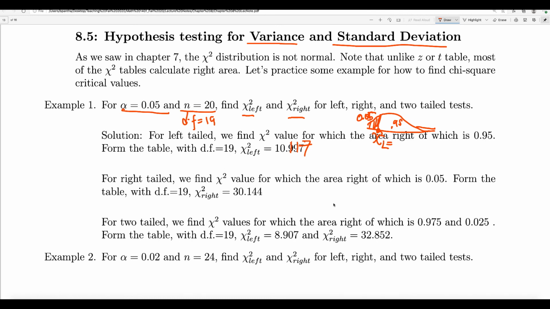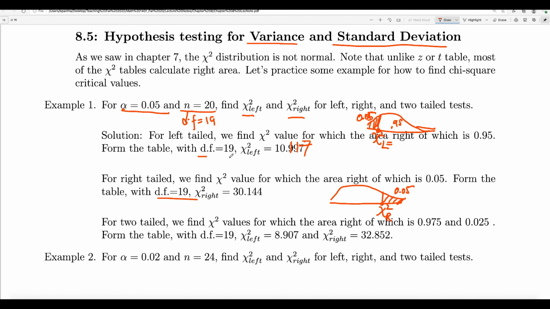Next, for the right, what we do again is we shade on the right side only. This is denoted by chi-square R, chi-square right. So the area is 0.05. To find the chi-square critical values, we always need the area right of the value that you want to find. So area right of this is 0.05. That means you look at the column of 0.05 and 19 degrees of freedom.